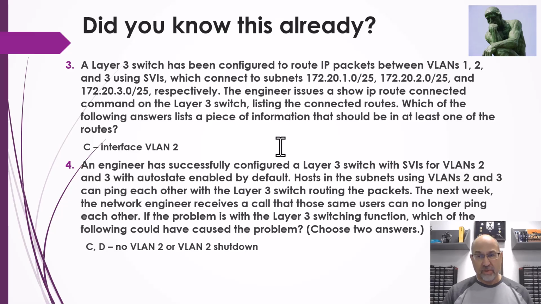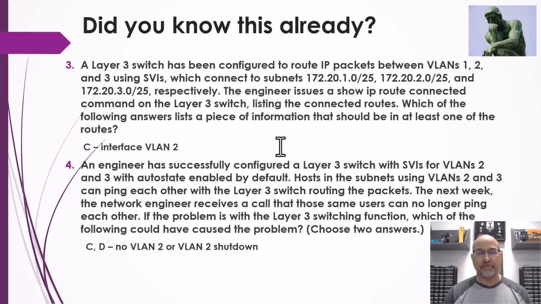All right, so there's going to be 3 of them. Which of the following answers lists a piece of information that could be in at least one of the routes? The route would be connected to an interface that was VLAN 2. That was the only one that matched. And that should make sense to you. All 3 of these would be directly connected routes to a particular VLAN. So if you were going to write down what the routing table looked like on paper, you would see that appear somewhere.